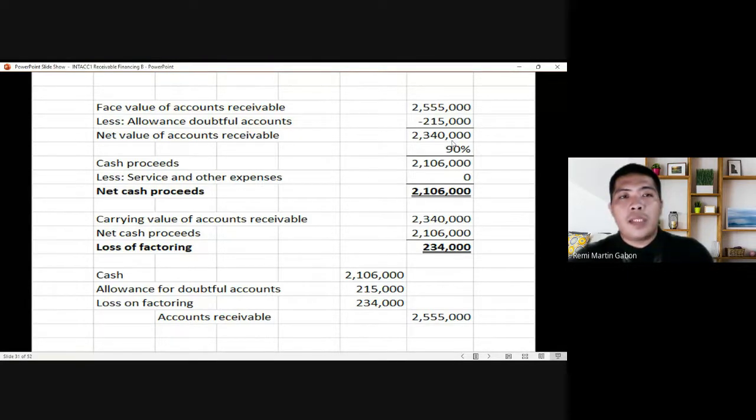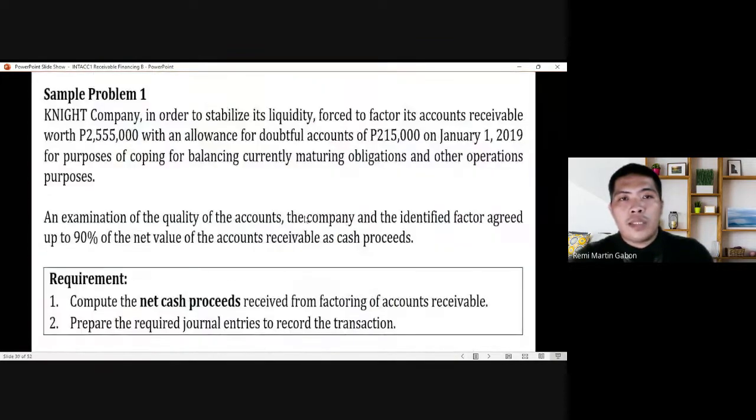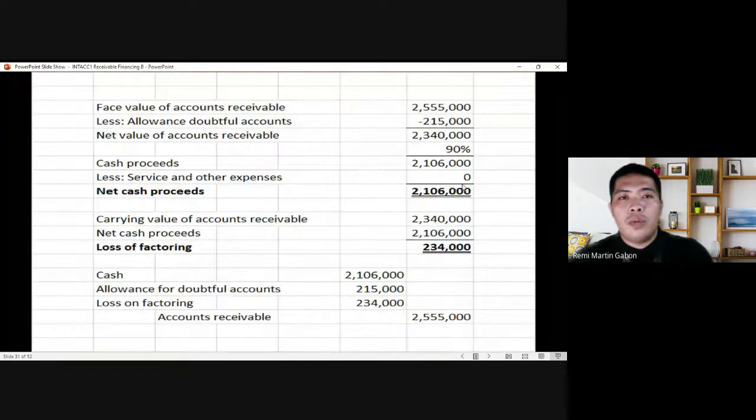Multiplied by 90%, our gross cash proceeds are 2,106,000. Then we look for service charges and other expenses in relation to factoring. There is no other information, so we can assume 0. Net cash proceeds will be 2,106,000.